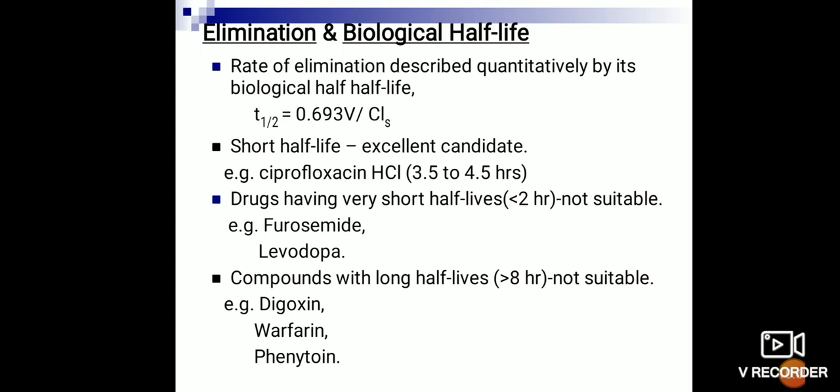A short half-life drug is an excellent candidate. Ciprofloxacin has a half-life of 3.5 to 4.5 hours, so it is a very good candidate for a sustained drug delivery system. A drug having a very short half-life, less than 2 hours, is not suitable.